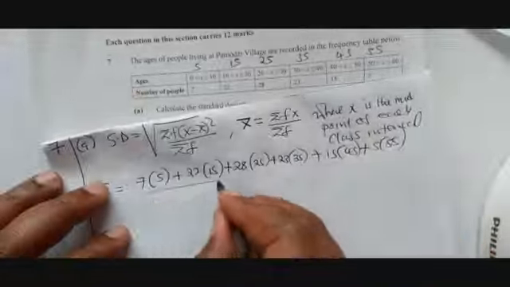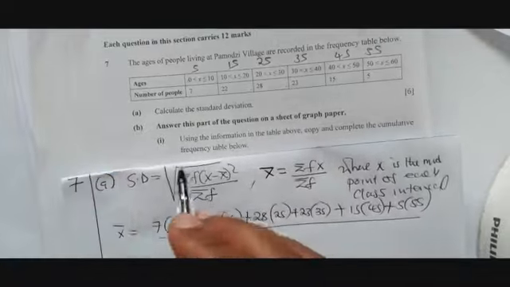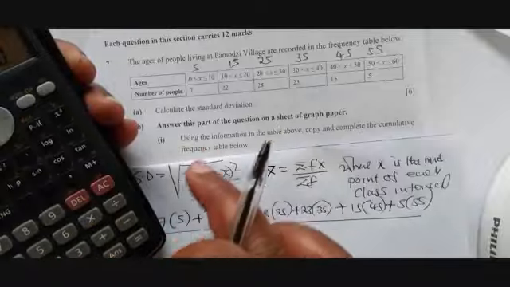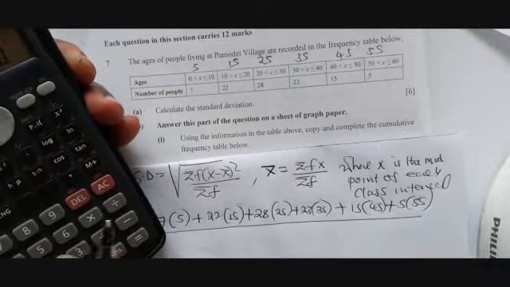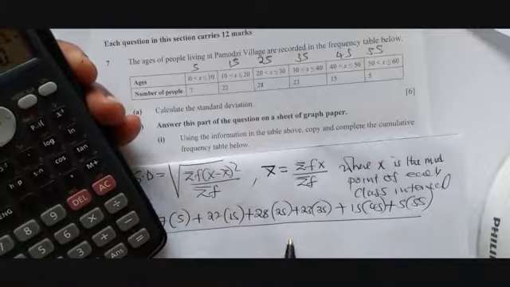Then you need to add now. This summation of frequencies, it means you add the frequencies here. You will say 7 plus 22 plus 28 plus 23 plus 15 plus 5. You get 100.